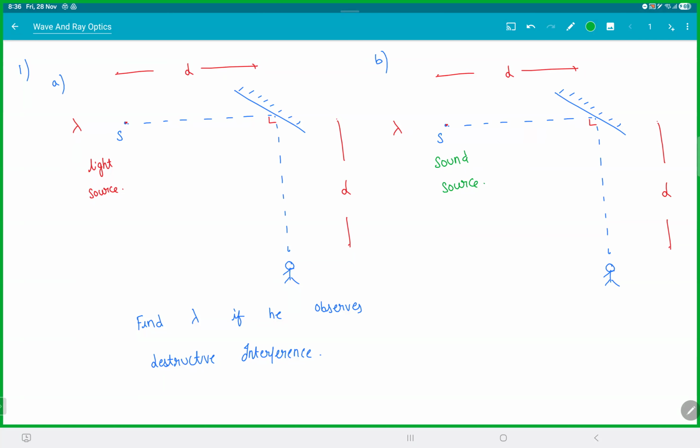What is the catch? When a light ray hits a mirror, what will happen? You get an extra path difference, lambda by 2. But when a sound ray reflects, nothing happens. That is the only difference there.